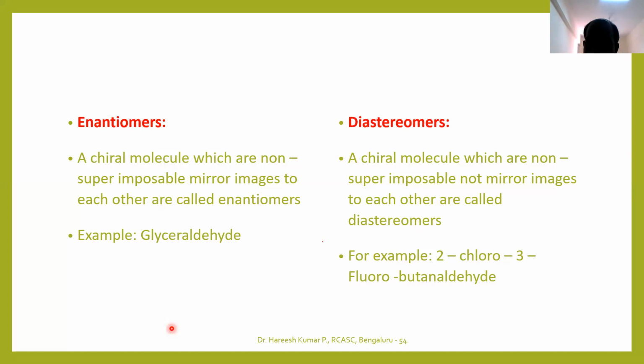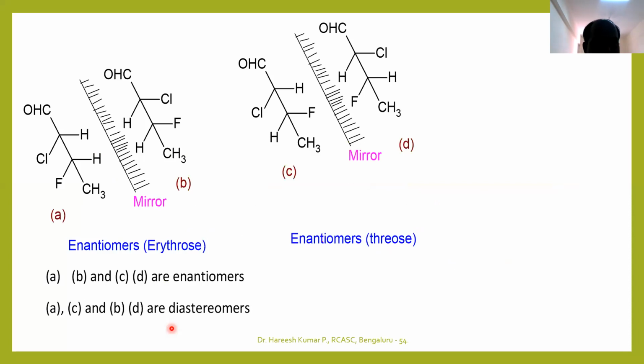The next slide will give you the information. Okay, I'm taking one more example. So what is the name of this compound? You can observe that this will be 1, this will be 2, this will be 3, and this will be 4.